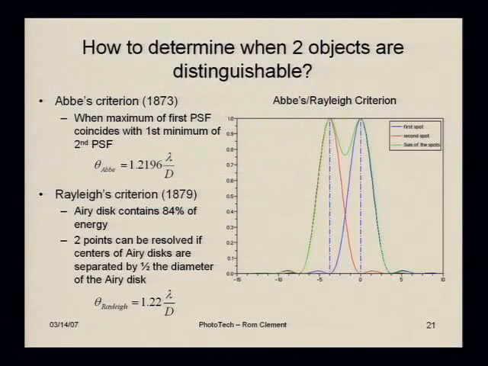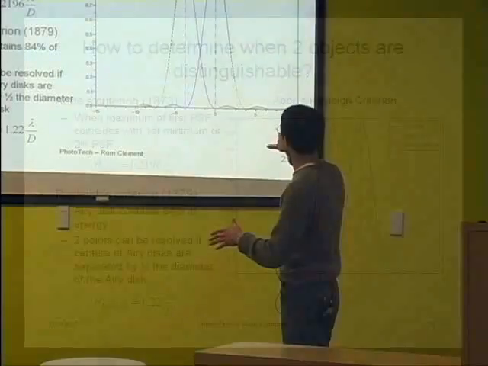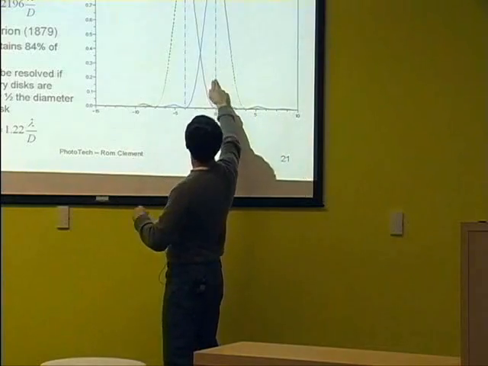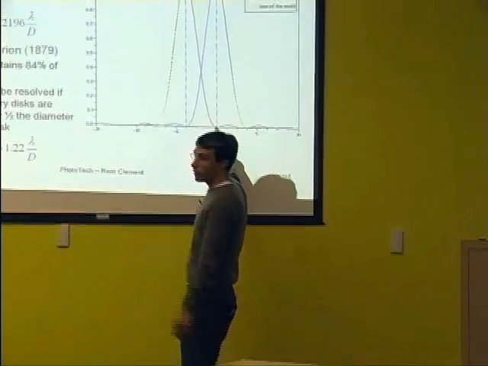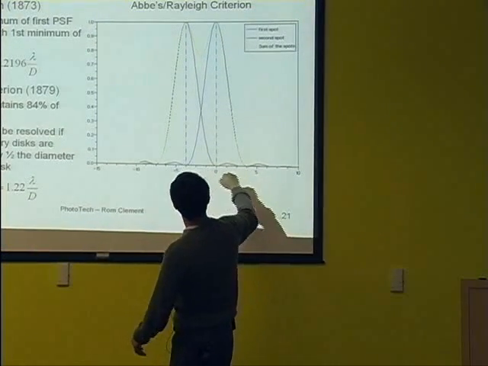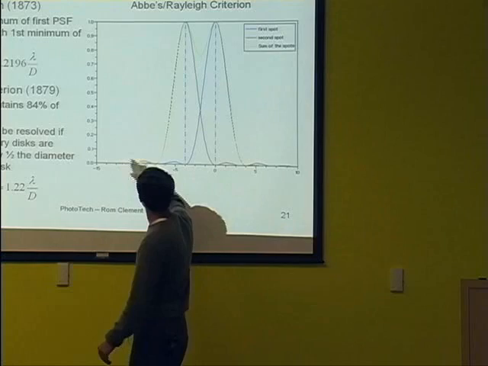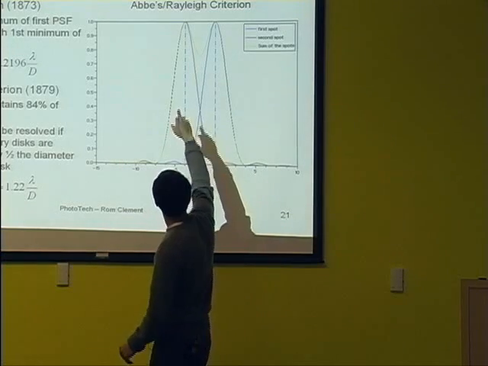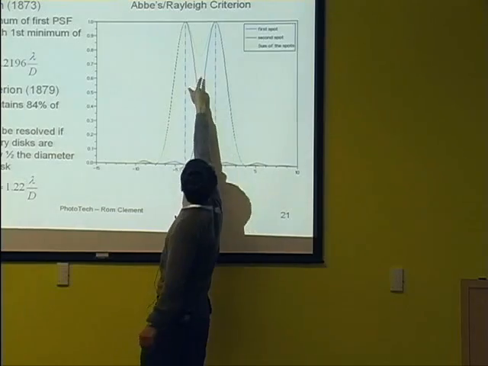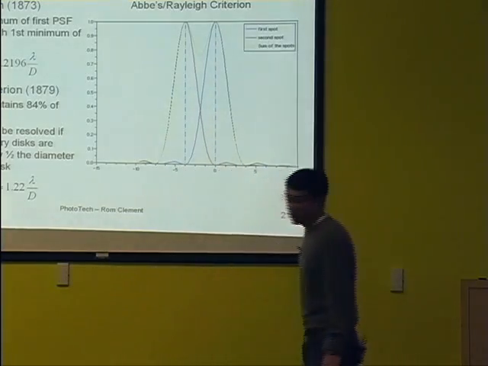So this is the Rayleigh criterion. As you can see, the middle of the first spot is precisely located at the zero of the second spot. And so the total intensity profile, the red curve, has this local minimum right in the middle.